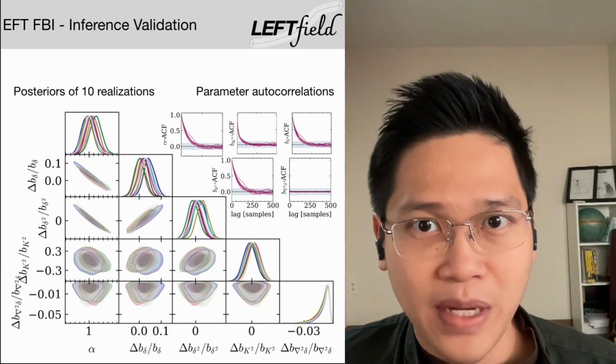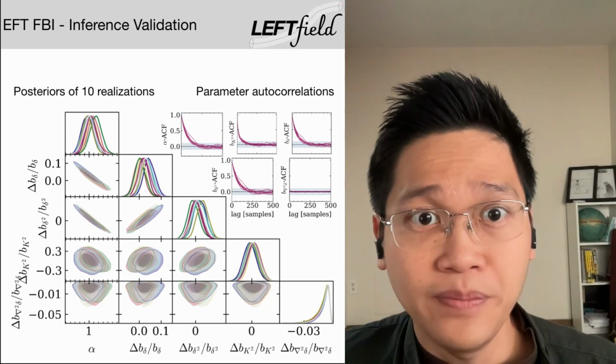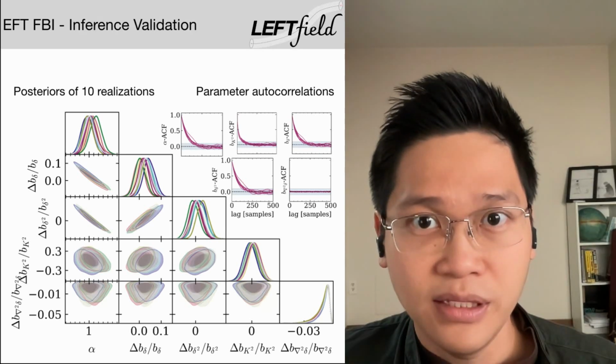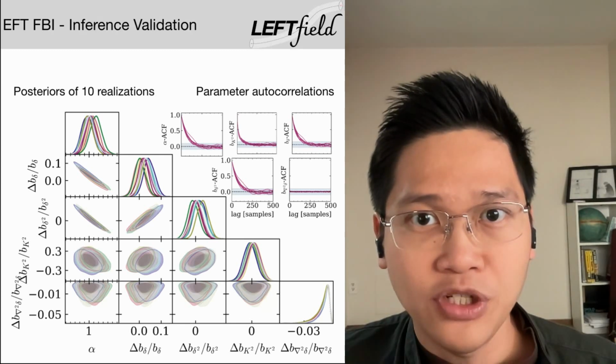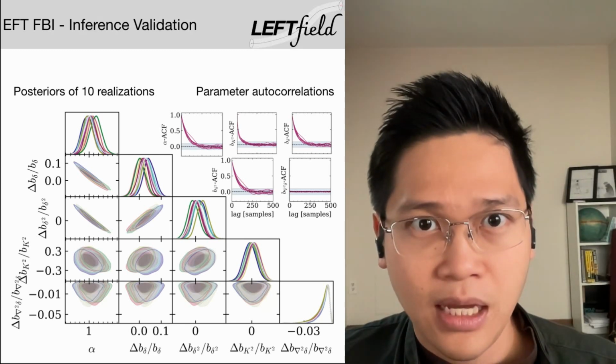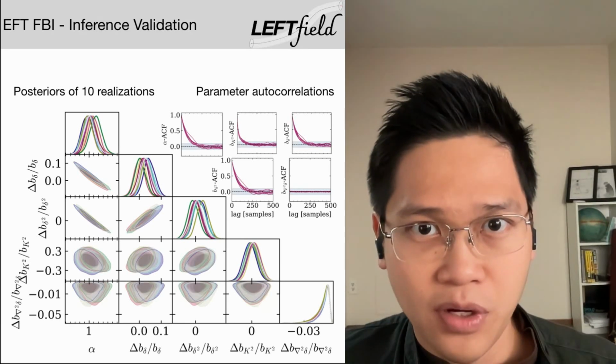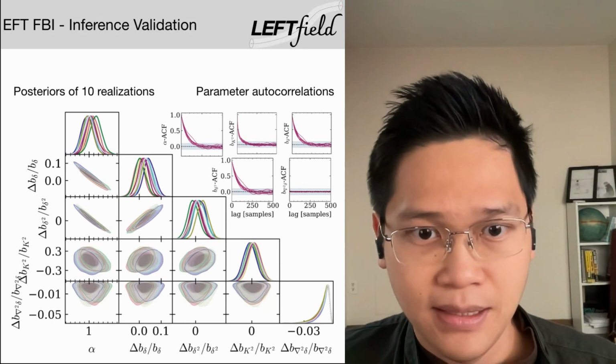Having access to parameter posteriors from individual mock realizations is a good consistency check. And here on the left, I'm showing how 10 posteriors are all consistent with each other over the entire cosmology and bias parameter space.